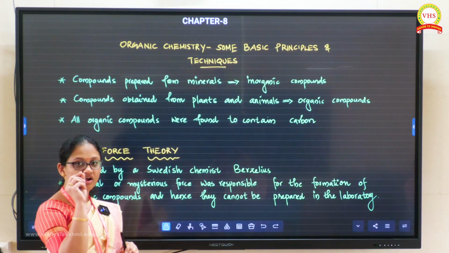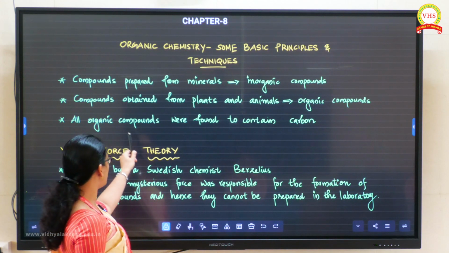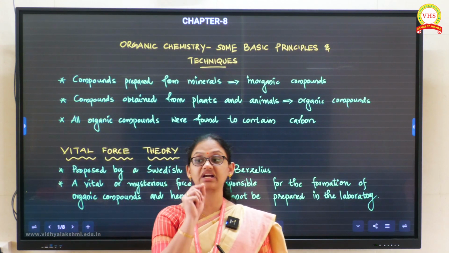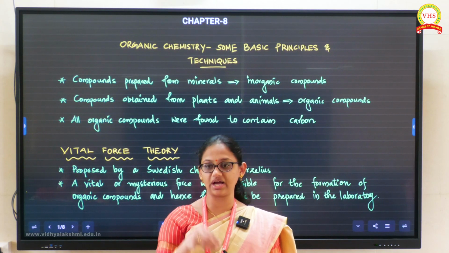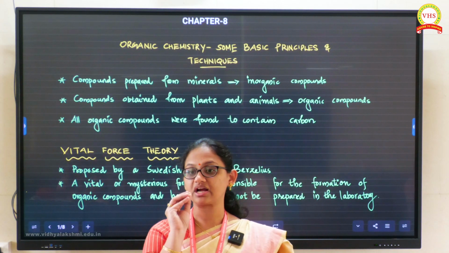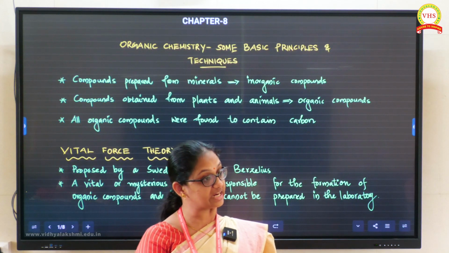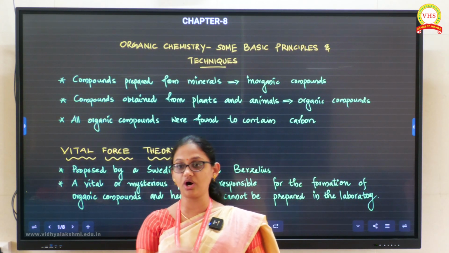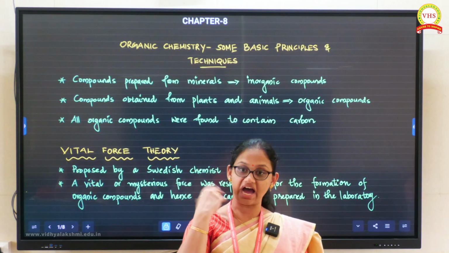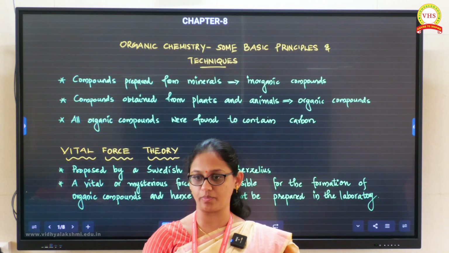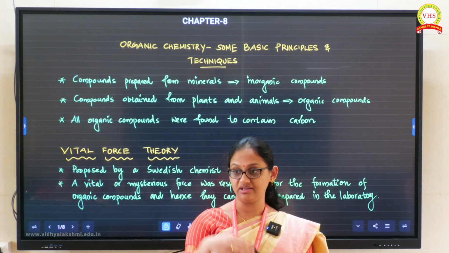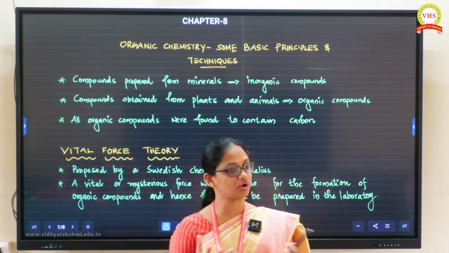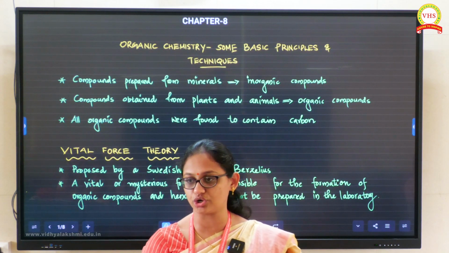And one more point is that all organic compounds were found to contain carbon. Alkanes are carbon compounds. Alkenes also, alkynes also. And other examples: in carboxylic acid, carbon is present; aldehyde also, and ketone also.